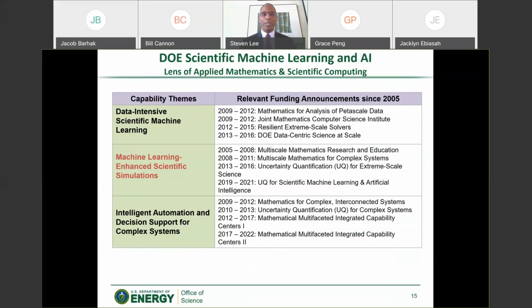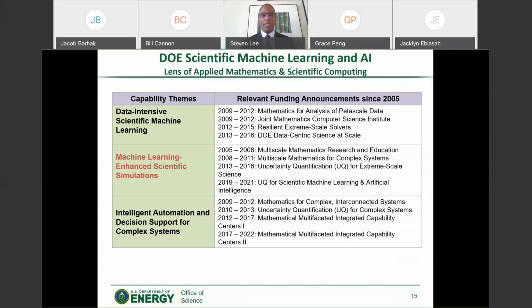This slide from the DOE Applied Math perspective shows for those 3 major use cases that I had on the left, if you just look at the middle row about using machine learning to enhance scientific simulations, over the past 15 years or so, we had several funding opportunity announcements that went out to people at labs and universities for funding research that supports machine learning enhanced scientific simulation. So people who are doing multiscale mathematics research, we funded a lot of projects in that area back in 2005 through 2011.